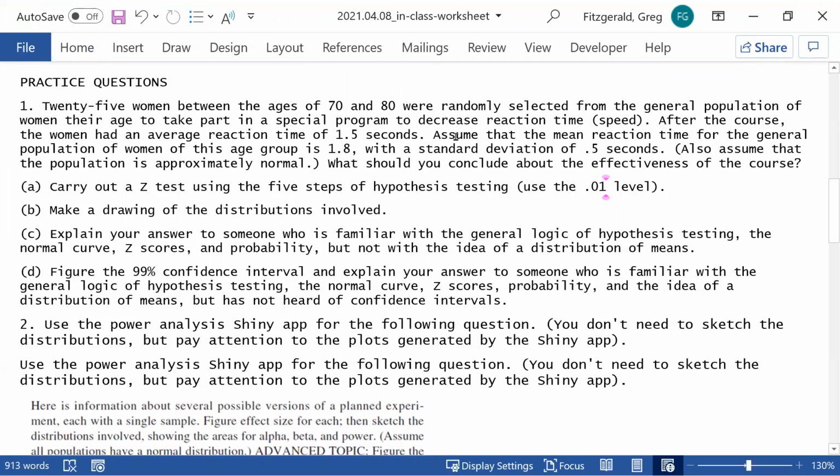And based on the way the problem was phrased, where it states that you expect this course these women take to decrease their reaction time, that means we expect to be doing a one-tailed test.